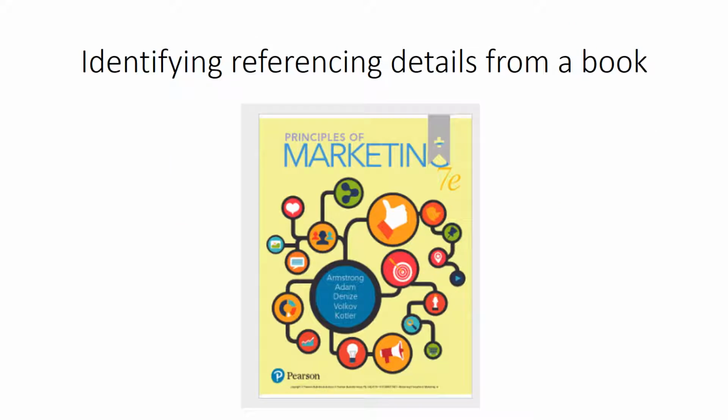So here we have a look at the front of the book, and you can see that we've got here the title of the book, Principles of Marketing, and we've got the name of all of the authors, and we've got the publisher, and the 7E on the top right-hand corner is referring to the 7th edition of this book.